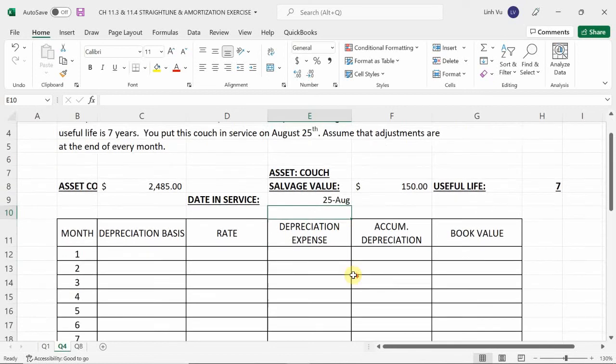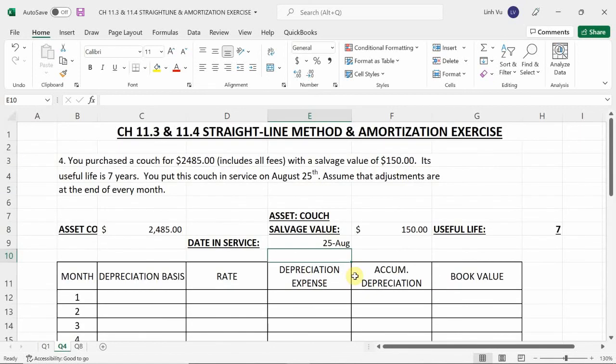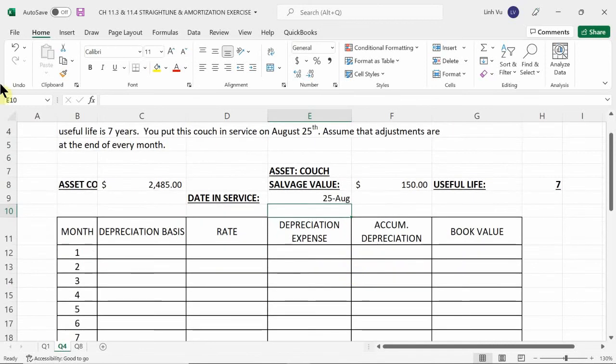All right, so let's talk about this. Now, remember, we're not depreciating it at the end of the year. We're depreciating it every single month. So what's my depreciation basis going to be?